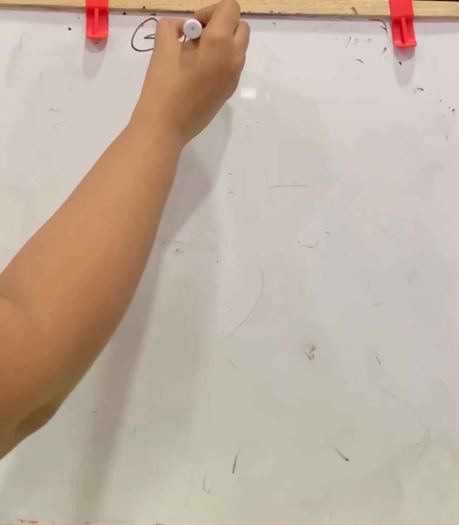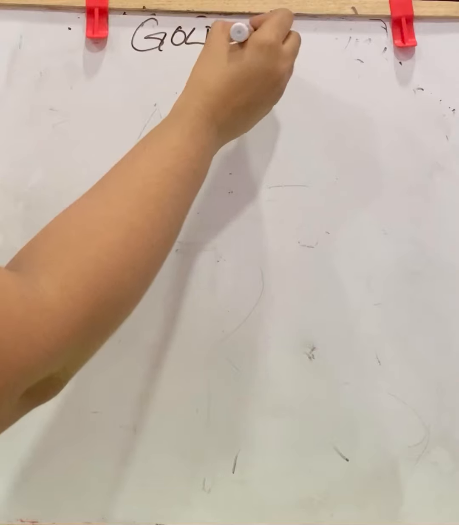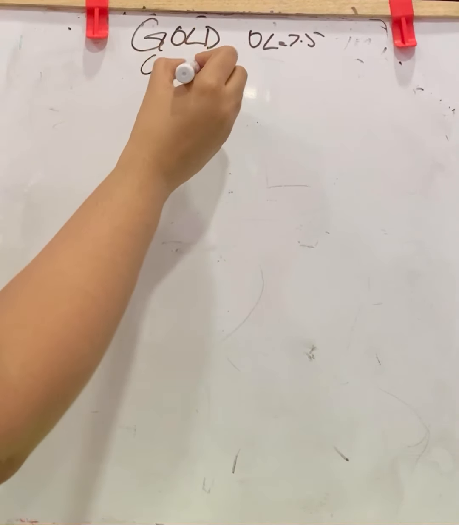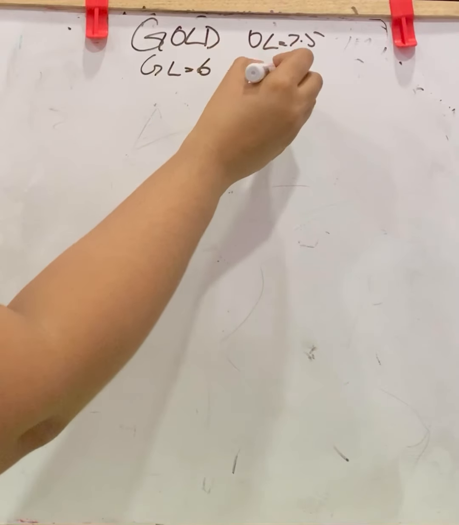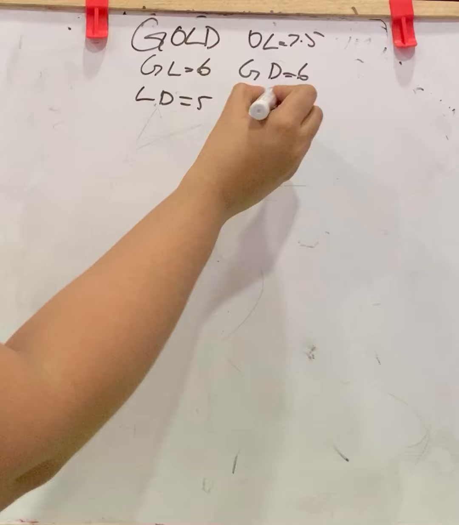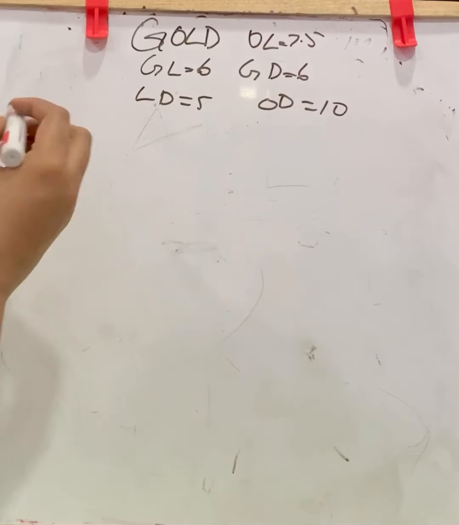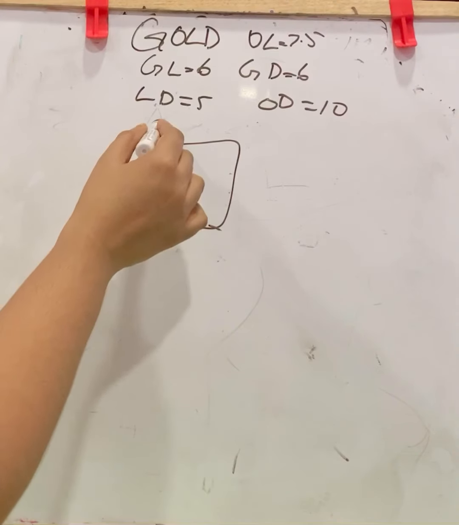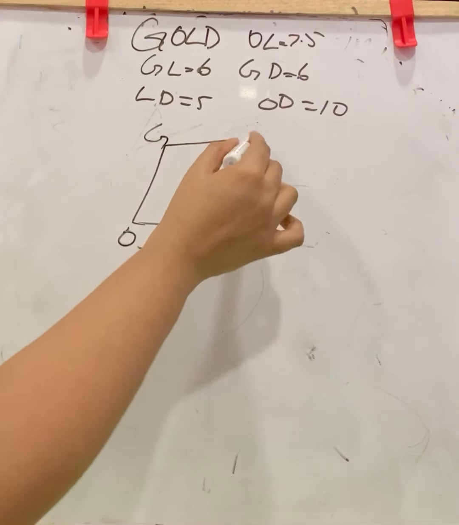Next quadrilateral is GOLD. Here OL is 7.5 cm, GL is 6 cm, GD is 6 cm, LD is 5 and OD is 10. So first we will construct a rough figure of GOLD.